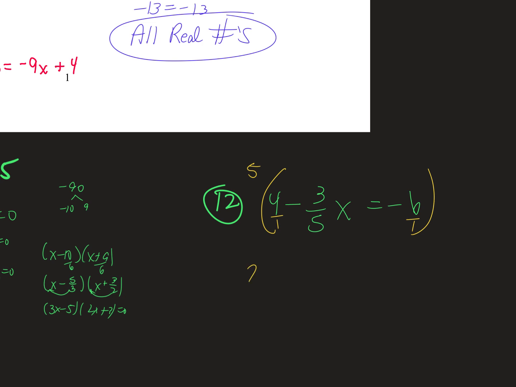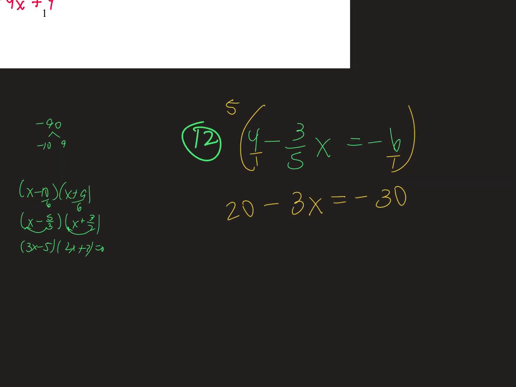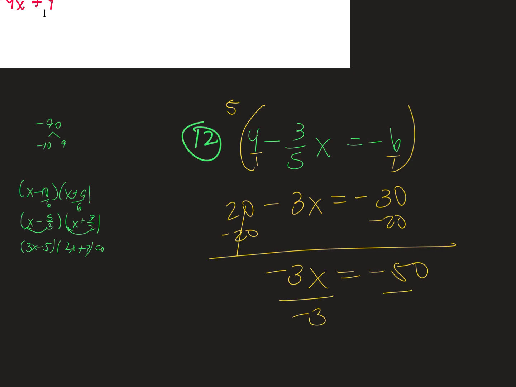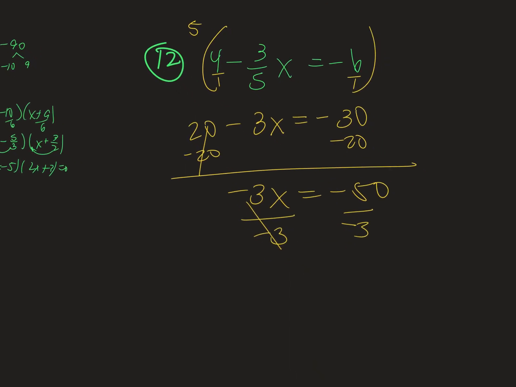So 5 times 4 is 20, minus, my 5's will cancel here. I have 3x equals 5 times negative 6 is negative 30. So I'm going to subtract 20 from both sides, and I get negative 3x equals negative 50. Divide both sides by negative 3, and I get x equals 50 over 3.